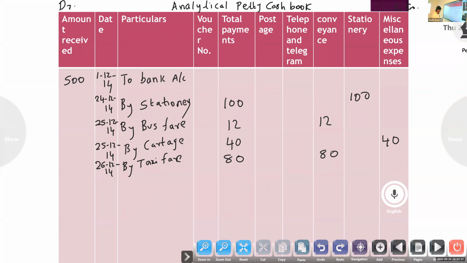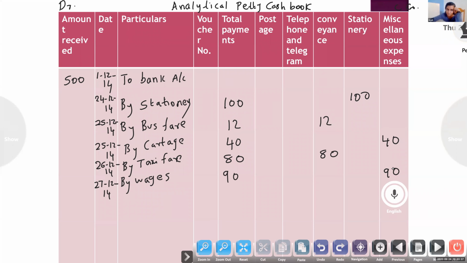Next, 27th, by wages, amount 90. And at which column? By wages. Miscellaneous. Yes, miscellaneous 90.